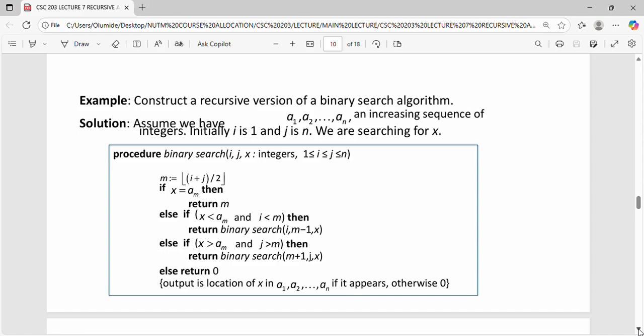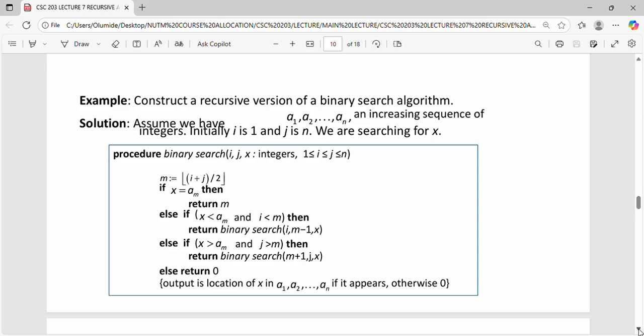Else, if x is greater than a_m and j is greater than m, then return binary search (m plus 1, j, x).